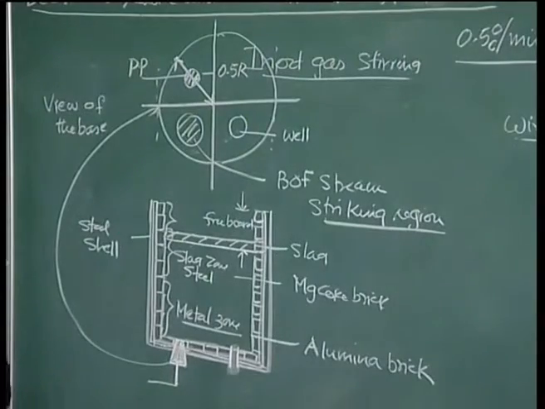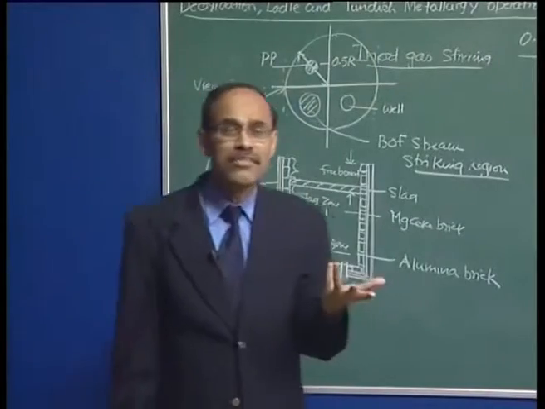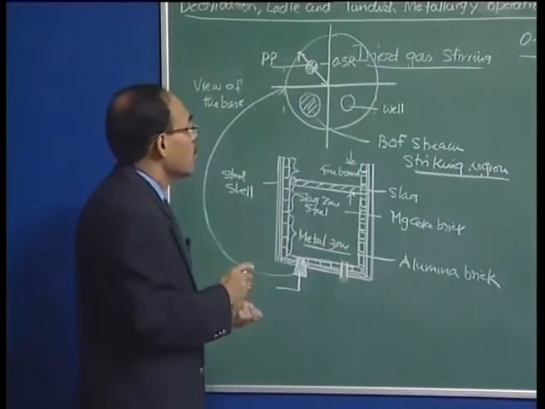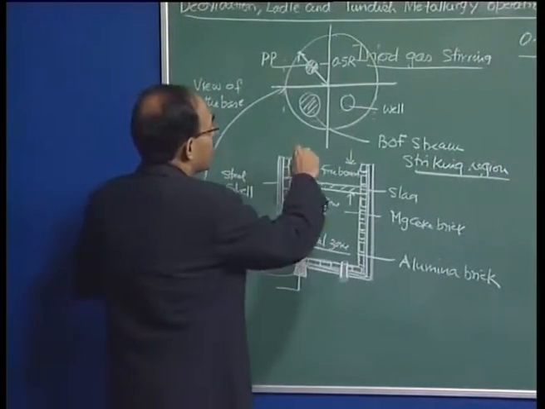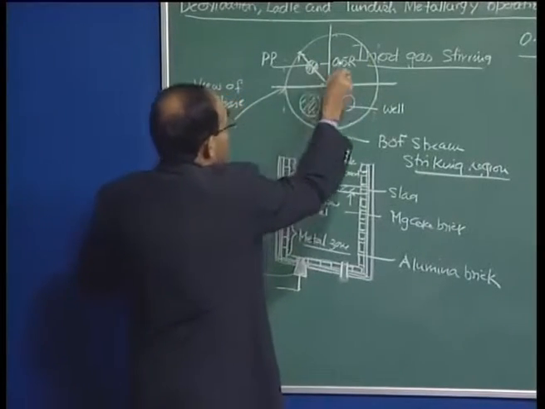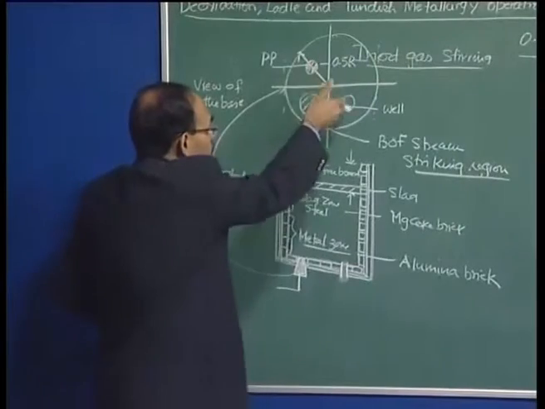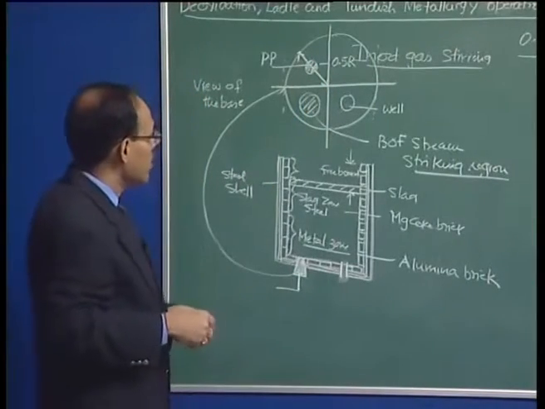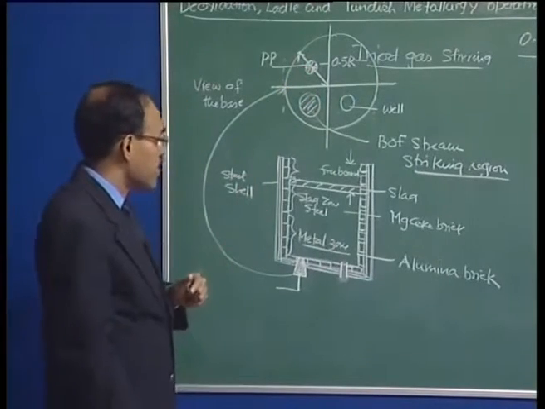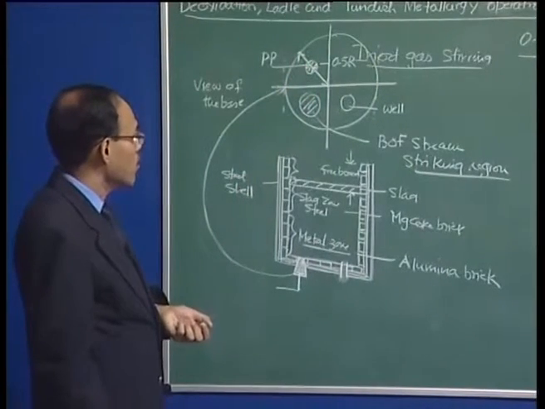In many ladles of bigger capacity like 200 tons, 250 tons and so on, we can have twin porous plugs, and in this case the porous plugs could be located diametrically opposite, or they could be displaced, located in the adjacent quadrant, and the whole arrangement has to be restructured when you have twin porous plugs, compared to what I have indicated in this particular figure.